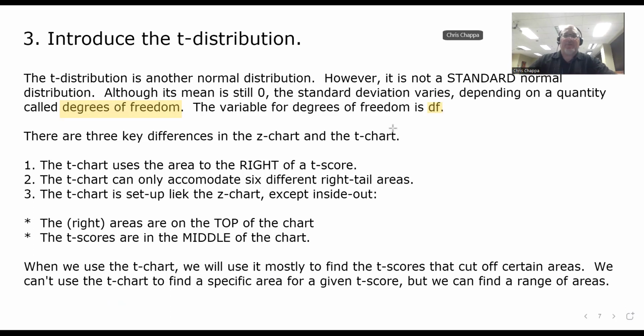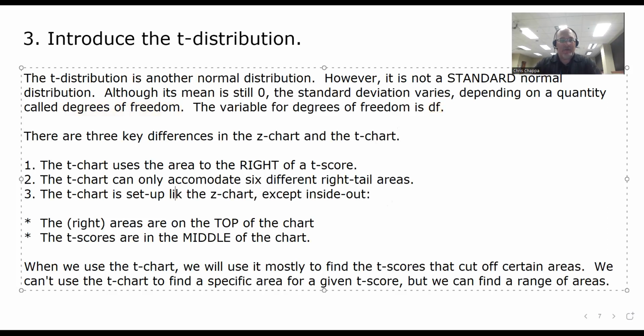But there are three key differences in the z-chart and the t-chart. Number one, the t-chart uses the area to the right of a t-score, not left. Number two, the t-chart can only accommodate 6 different right tail areas. I'll show you what they are in a minute. And number three, the t-chart is set up like the z-chart, except inside out. What do I mean by that?